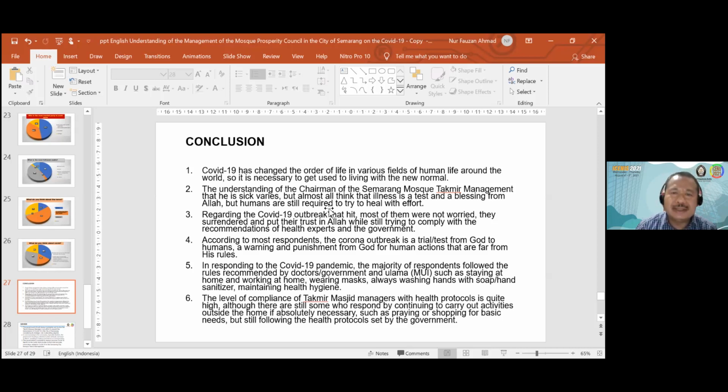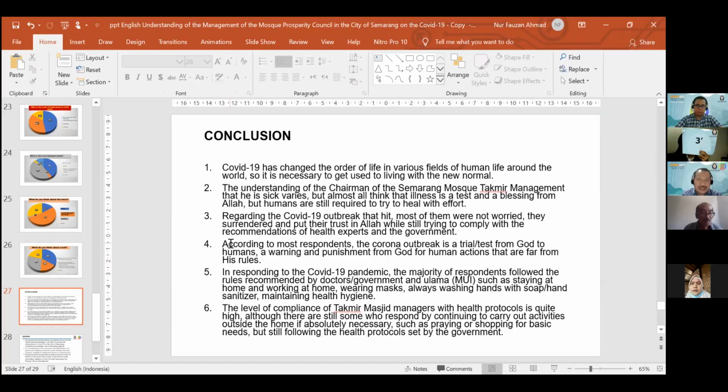Okay, this is the conclusion. COVID-19 has changed the order of life in various human lives around the world, so it is necessary to get used to living with the new normal. The understanding of the chairmen of the Semarang Mosque Takmir management varies, but almost all think that illness is a test and blessing from Allah, but humans are still required to try to heal with effort.